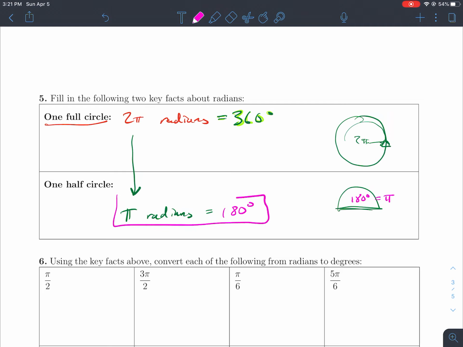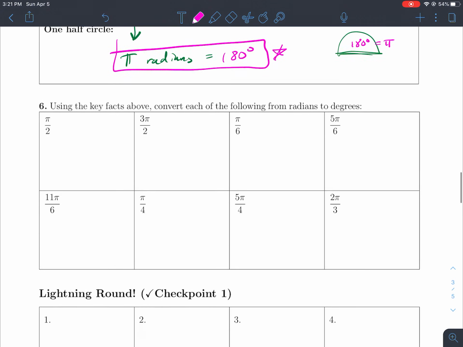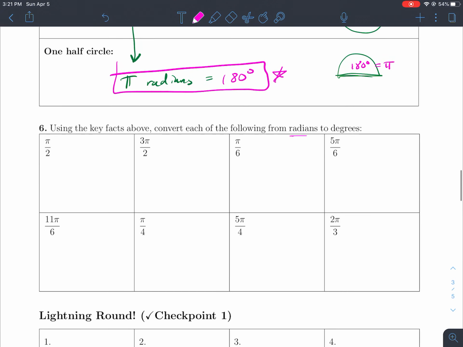This is my favorite radian fact right here. It takes 2 pi radians to make a full circle, which means that it takes pi radians to make half a circle. So if we wanted to convert each of the following from radians to degrees, all we have to do is keep this key fact in mind.